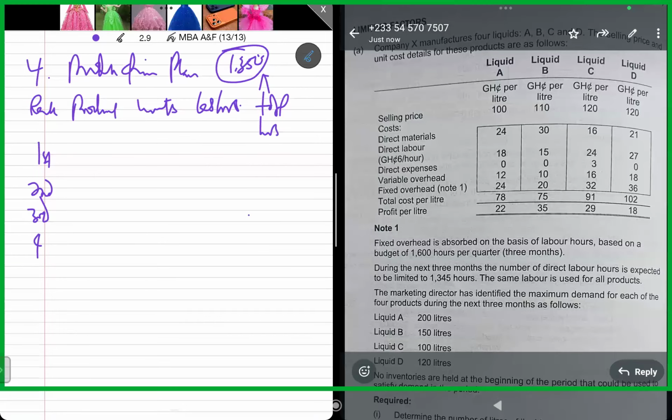Which product was the first? Per the stage 3, B. So liquid B, followed by liquid A, followed by C, followed by D. All right. So how many of liquid B should be produced?